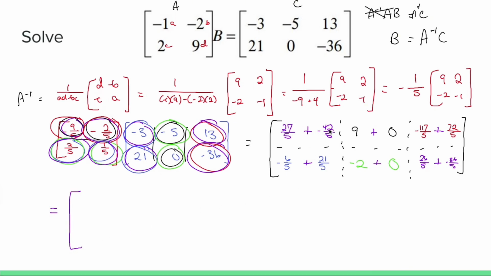27 minus 42 all over 5 is going to be negative 15 over 5. So that'll simplify. 9 plus 0 is 9. Negative 117 plus 72. What is that? Negative 45 over 5. Yep. So negative 45 over 5. That'll simplify nicely.